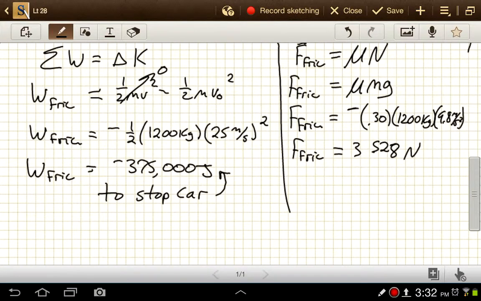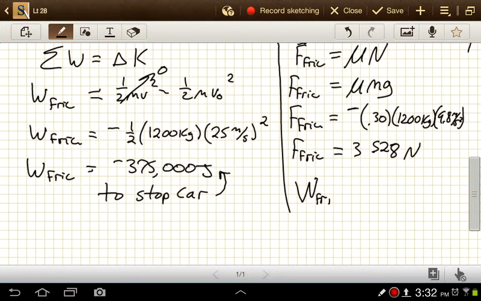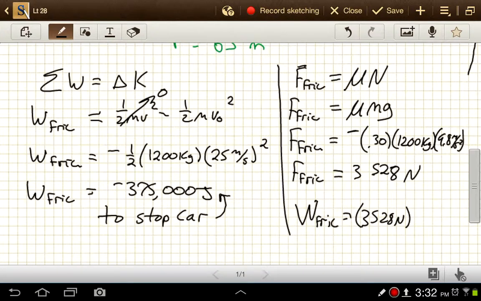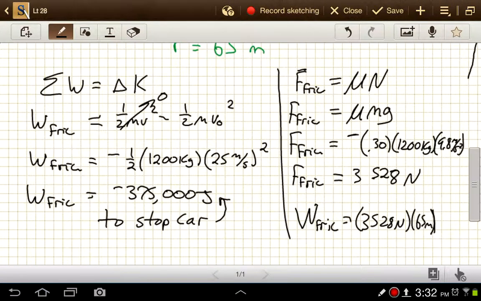So work from friction is going to equal 3,528 newtons times 65 meters times the cosine of the angle, which here we've got our r vector going to the right and friction going to the left, so that'll be just 180 degrees. The cosine of that is -1.